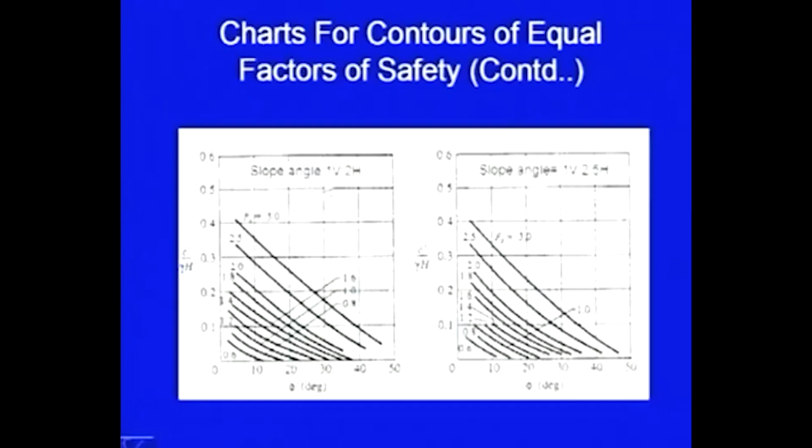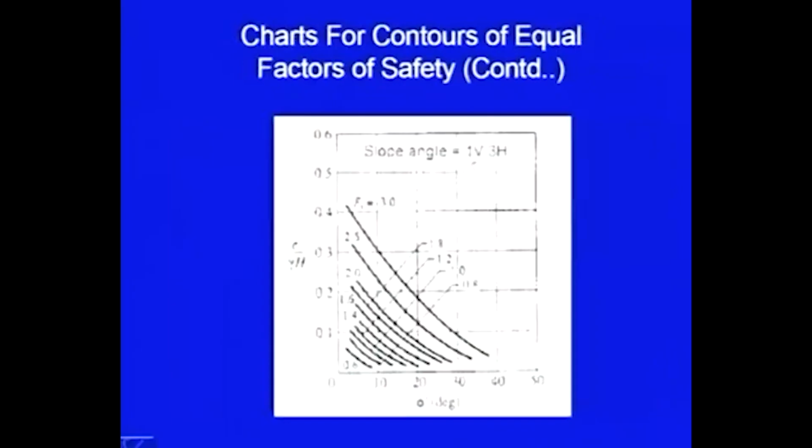This chart is for 1 vertical to 2 horizontal, and this chart is for 1 vertical to 2.5 horizontal. And finally, this is the chart available for 1 vertical to 3 horizontal, very flat slope, and this is the curve for factor of safety equal to 3, and again on x axis we have phi dash, on y axis we have c dash upon gamma h.